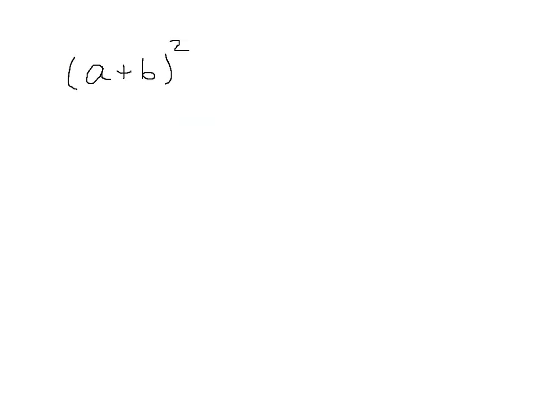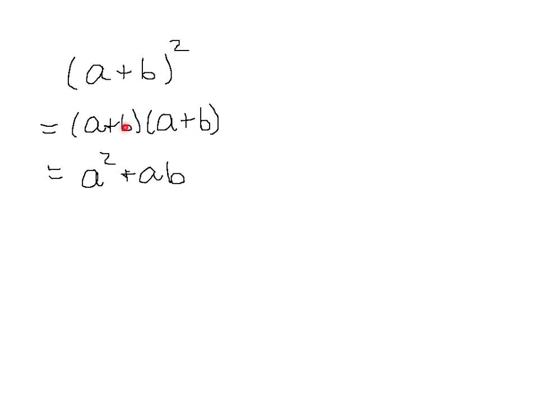Let's look at another. So here, let's suppose we have a plus b squared. Now remember, that equals a plus b times a plus b. And if I use FOIL on this, my first terms, then my outside terms, then my inside terms, and finally my last terms.